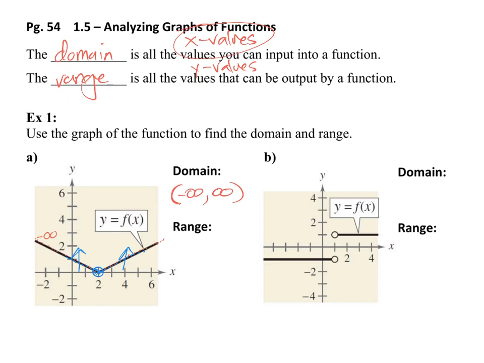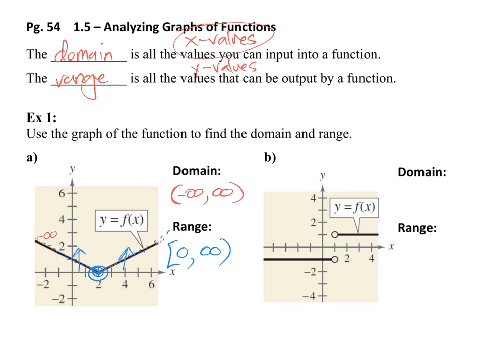So for the range, we're starting at 0, and we're going up, up, and it just keeps going up in both directions. So we're going up to infinity. For infinity, we use a parentheses. And for 0, it's including that value, so we have to use a bracket. That's the interval notation for the range.